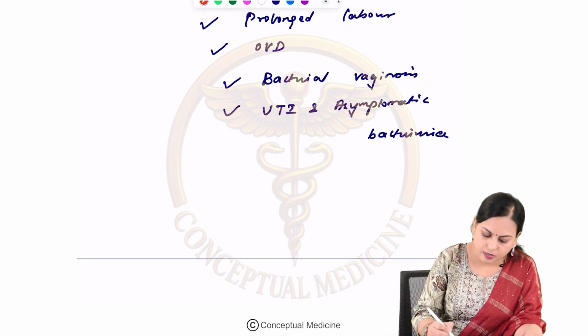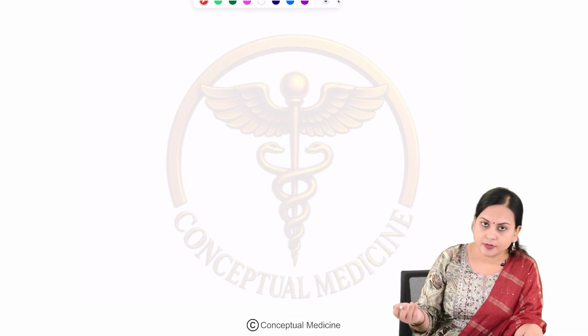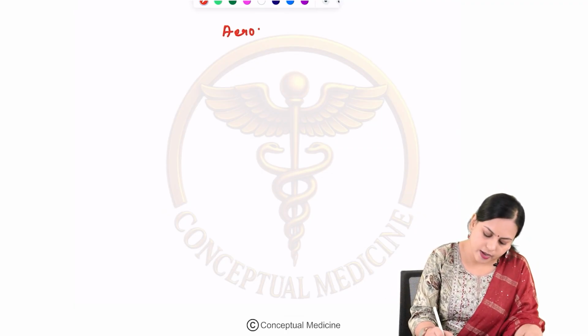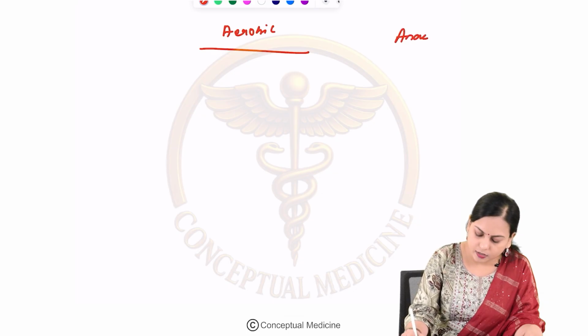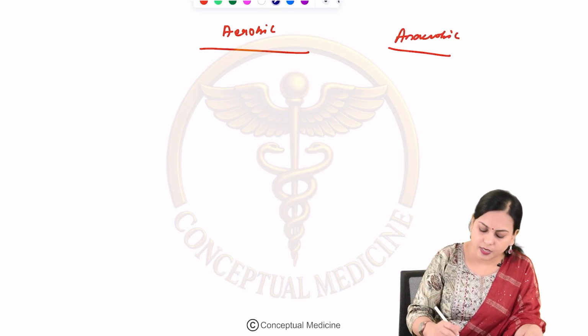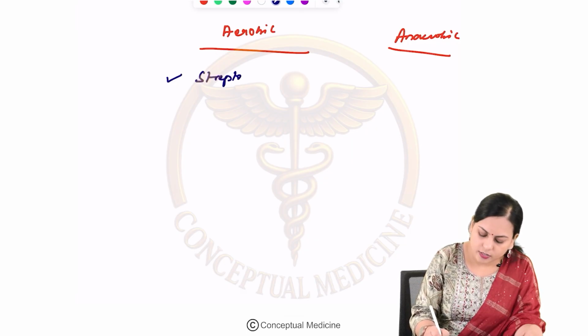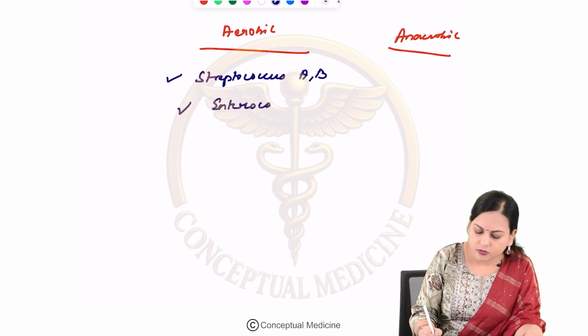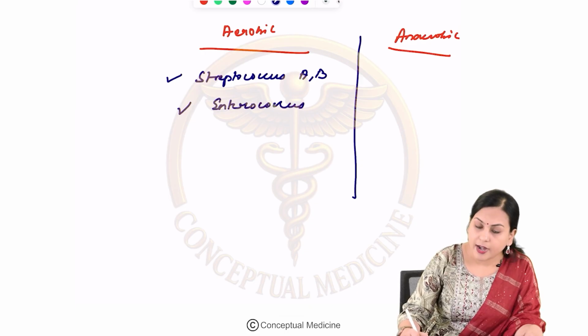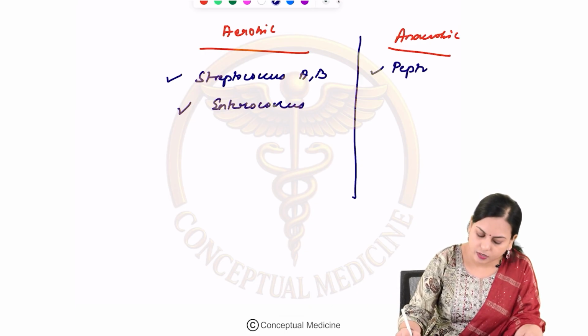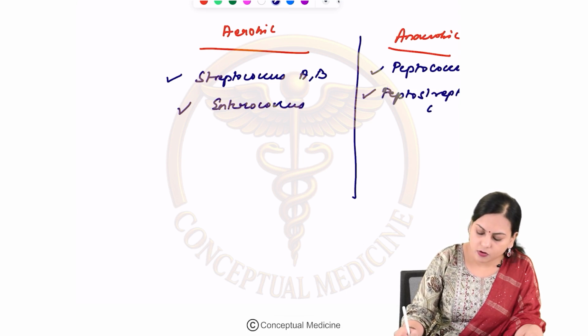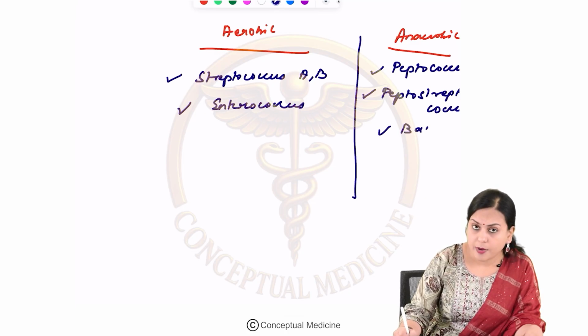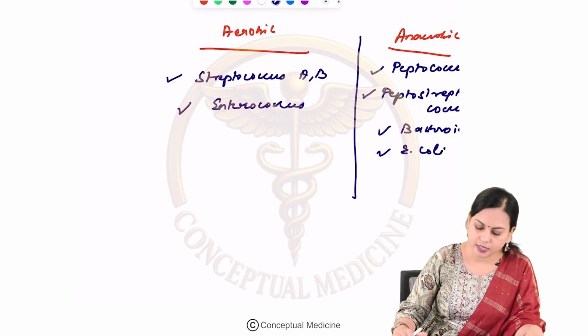Now, if we see the organisms causing puerperal sepsis, we can group them into aerobic and anaerobic agents. Aerobic agents may include Streptococcus A, B, and Enterococcus, whereas anaerobic organisms include Peptococcus, Streptococcus, Bacteroides, as well as E. coli, right?